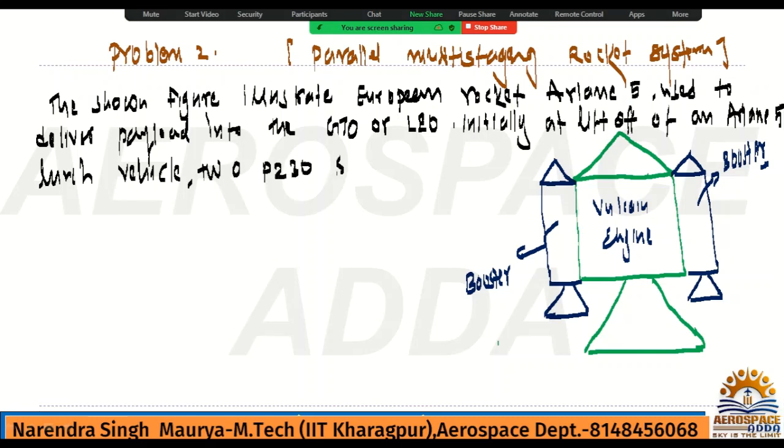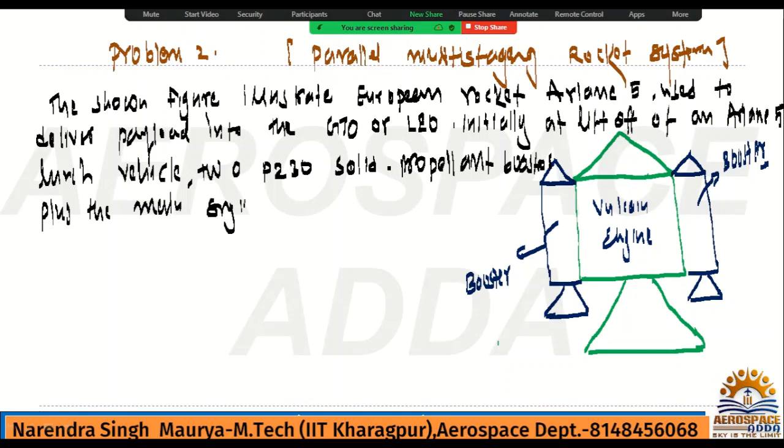Okay, solid propellant boosters plus the main engine are ignited.